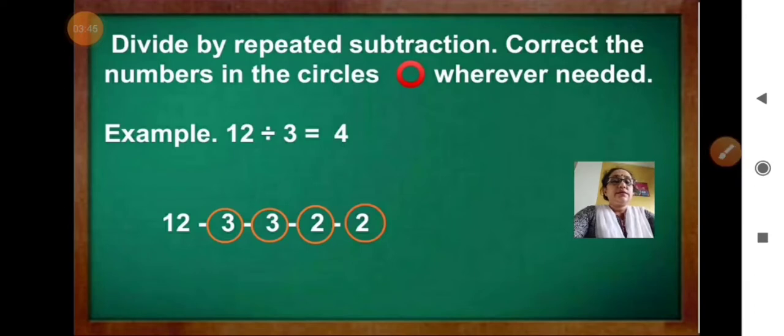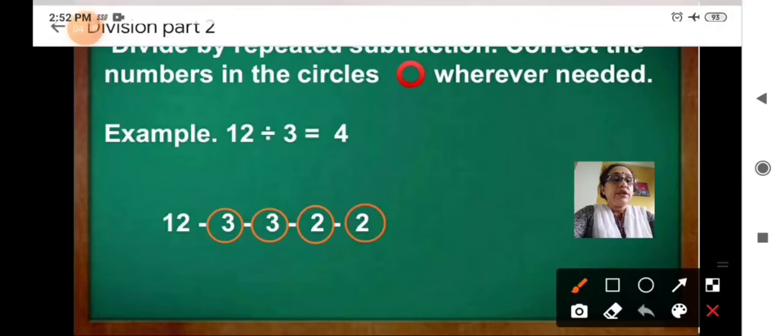Now, let's see here. Divide by repeated subtraction. Correct the numbers in the circles wherever needed. Now, do you remember multiplication is repeated addition? Do you remember? Yes. And here divide is repeated subtraction. Okay. Now, let's see. Example, 12 divided by 3.